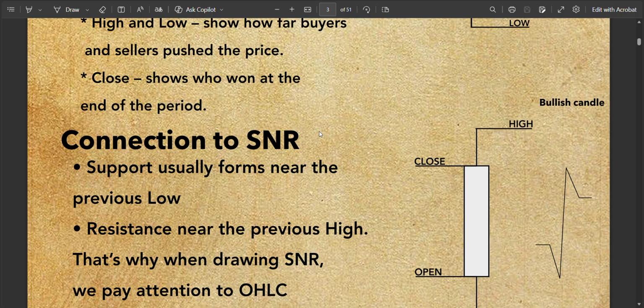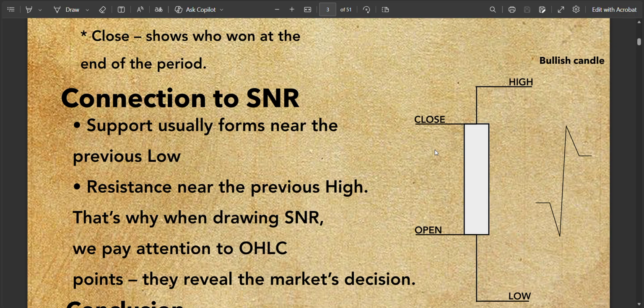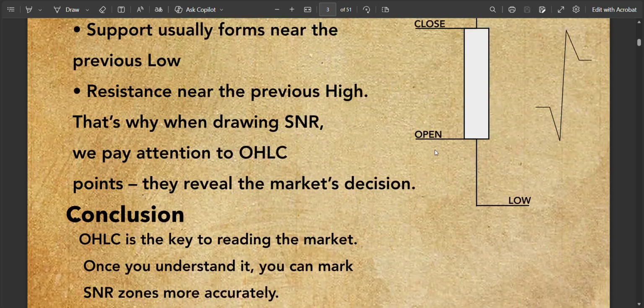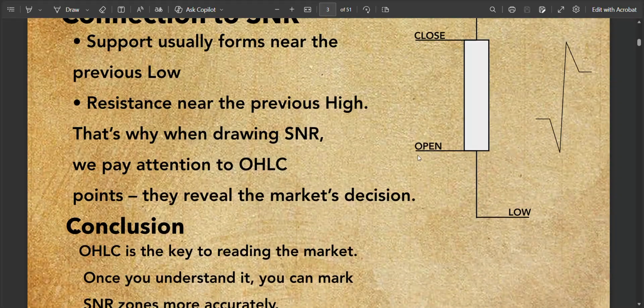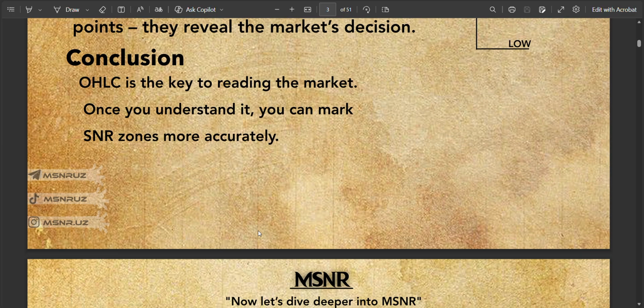This one is a bullish candle example. So OHLC is the key to reading the market. Once you understand it, you can mark support and resistance zones more accurately. I think you understand that.